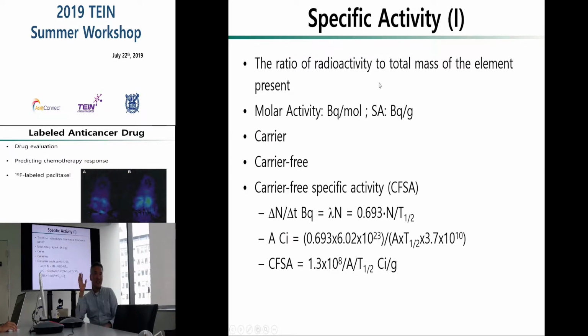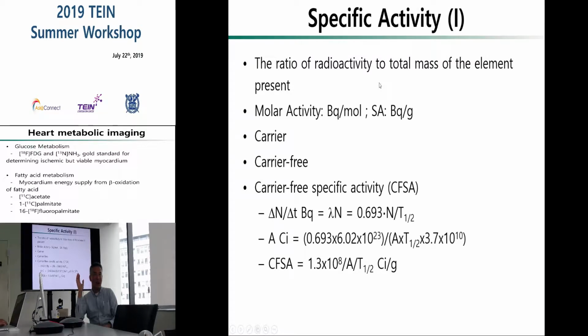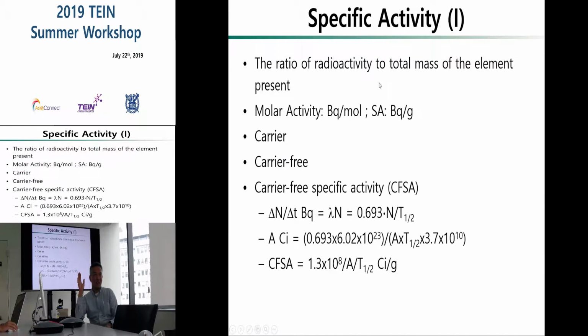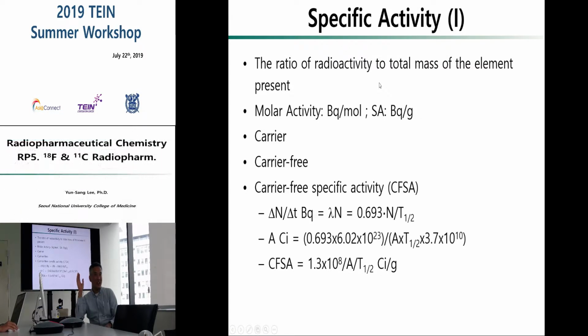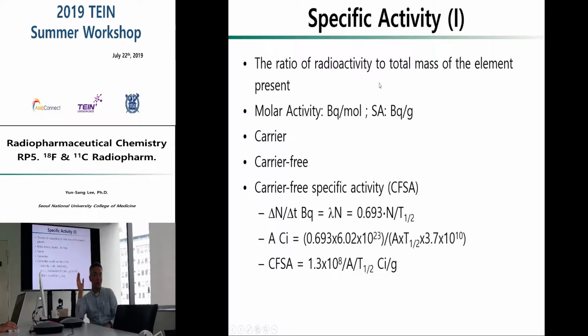C11 raclopride should be made after the reduction of the C11 CO2. So C11 CO2 plus C12 CO2 is there, and almost 99% of the CO2 species is C12 CO2.